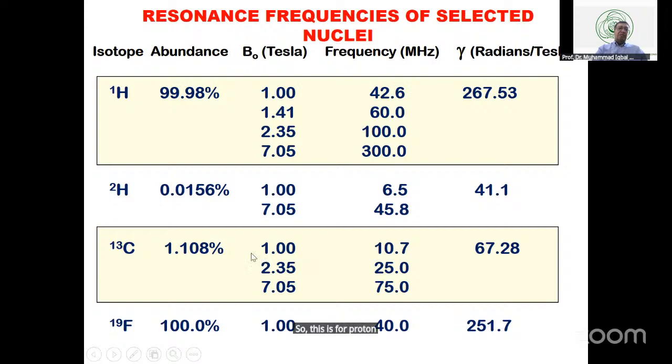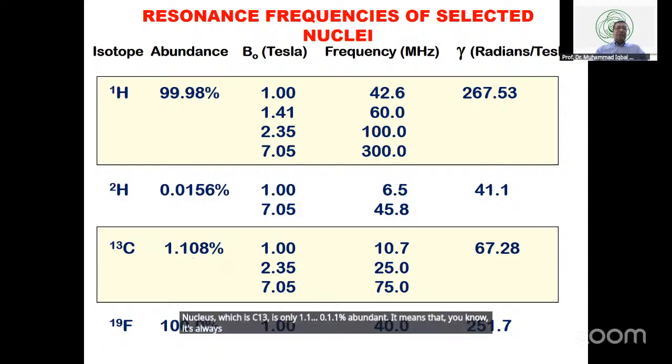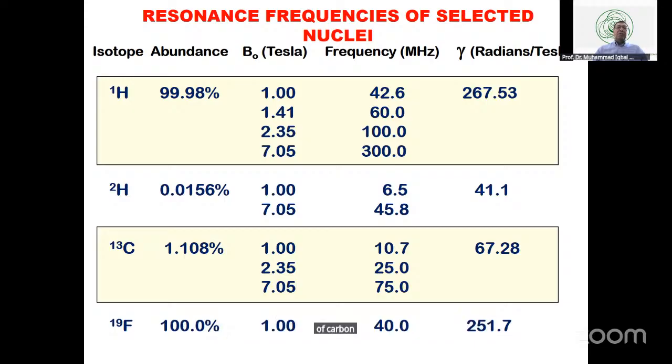Let's take the example of a very important nucleus, which is C13. It's only about 1% abundant. It means it's always less sensitive, because you're talking about only 1% of the carbon in your molecule being detectable. Its gyromagnetic ratio is 67, about 1/4 of that of proton. So there are two different damping factors, two important weaknesses.